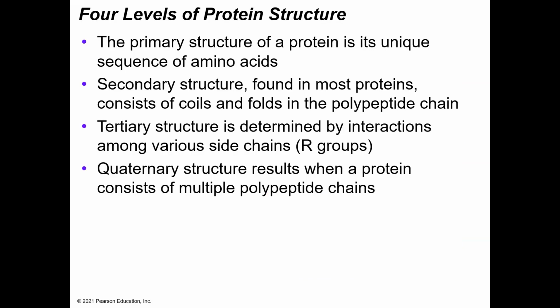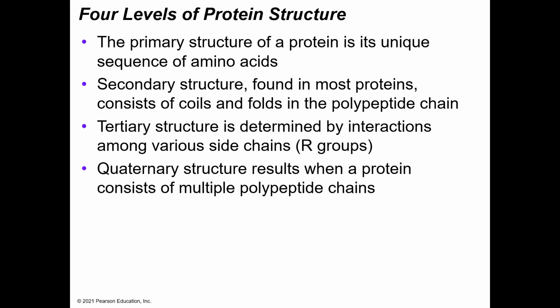There are four levels of protein structure. The primary structure of a protein is its unique sequence of amino acids. So amino acids will form in a linear chain. The secondary structure for proteins is that those chains can coil and fold into polypeptides. Tertiary structures are determined by interactions on the various sides of these chains.